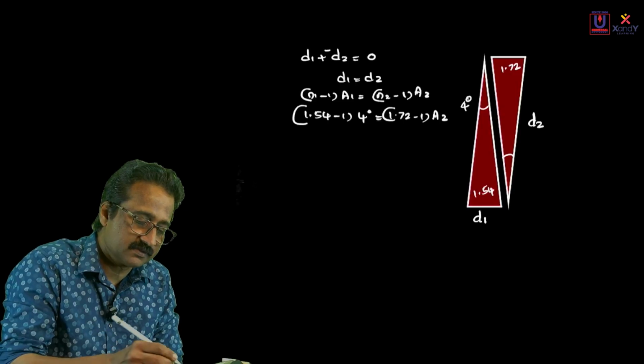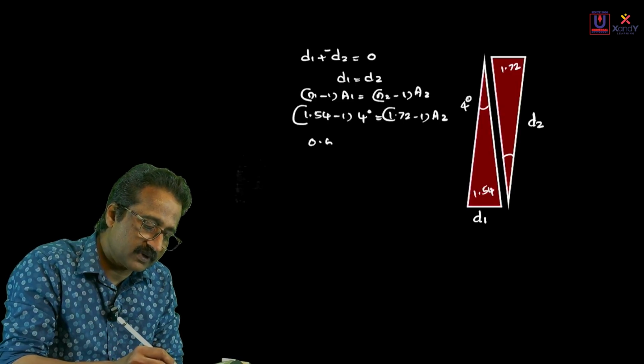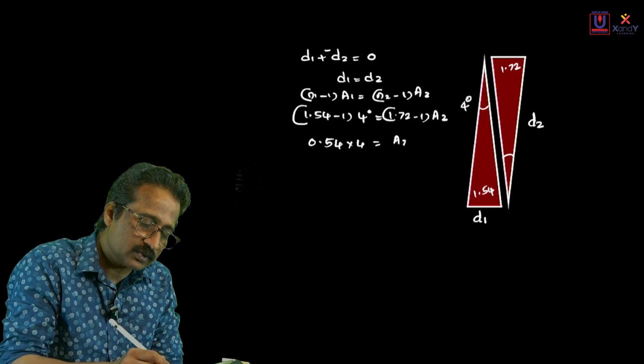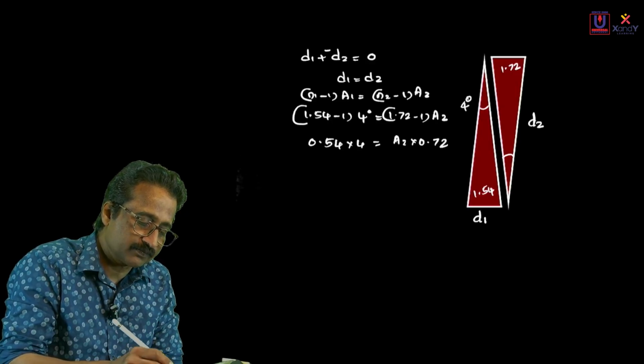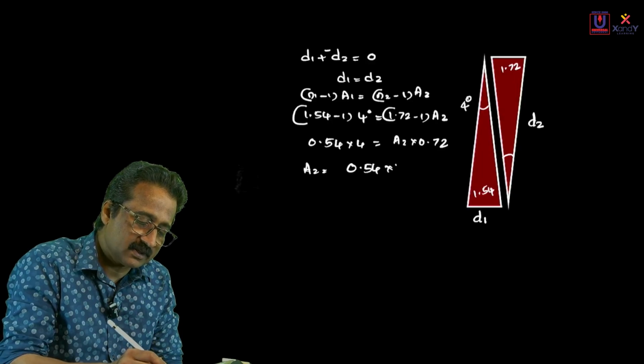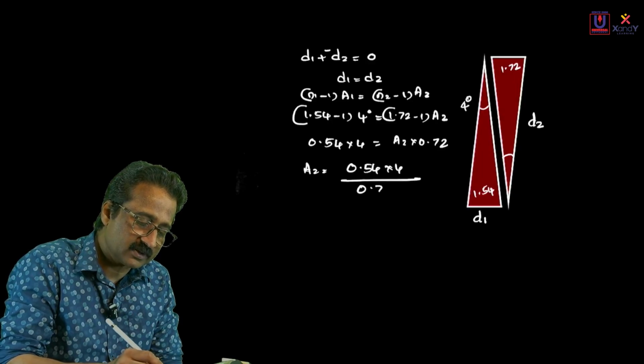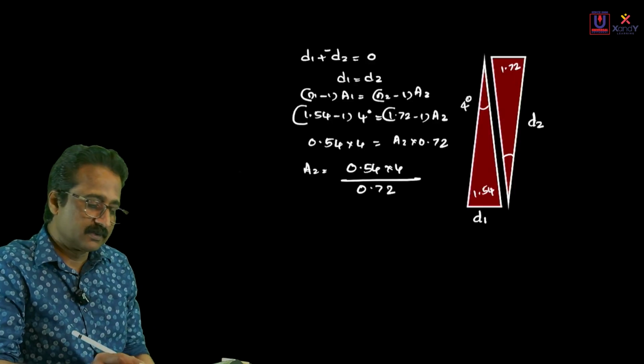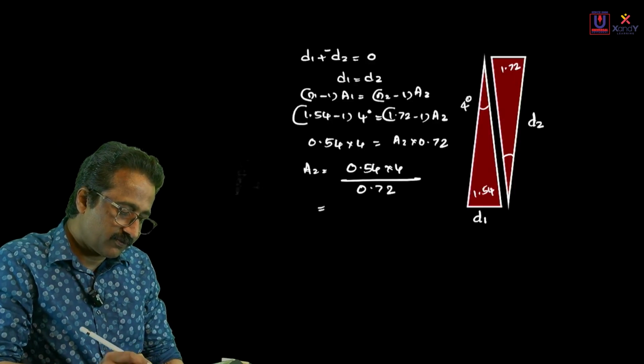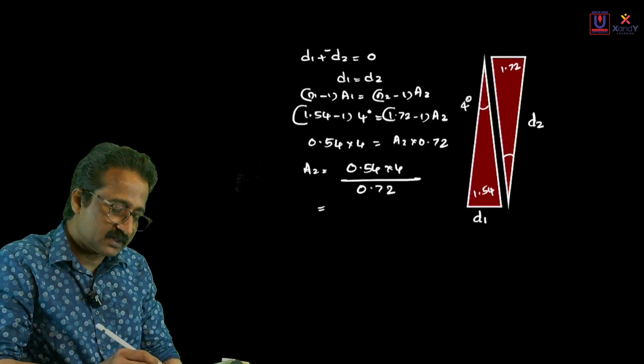That's our calculation. So it is going to be 0.54 into 4 degree is equal to a2 into 0.72. You got a2 here. It is 0.54 into 4 divided by 0.72. Simple now. 0.54, 54 by 72. It is 3 by 4.